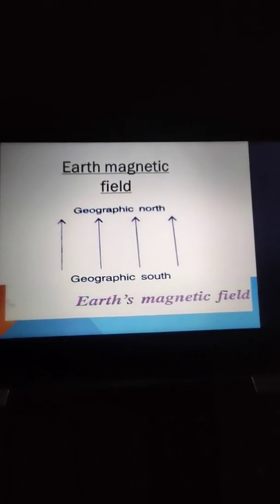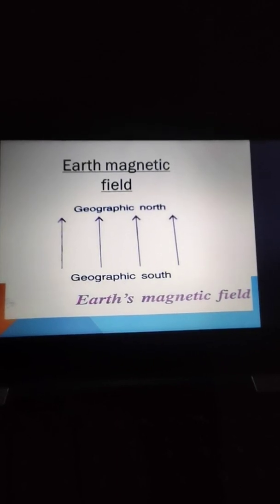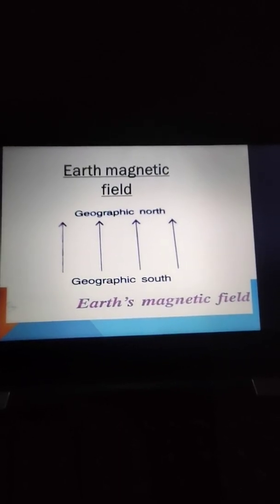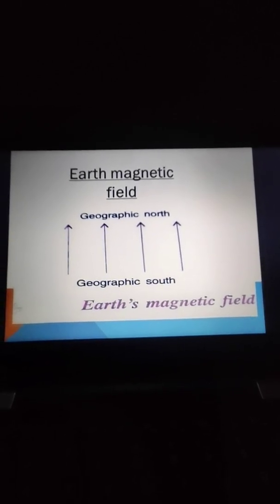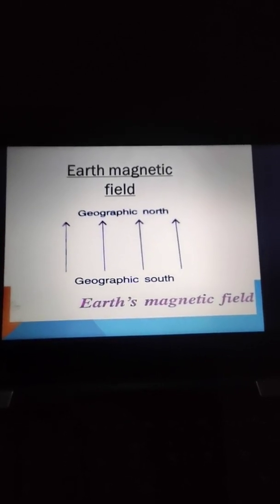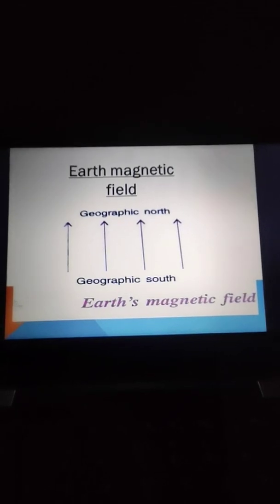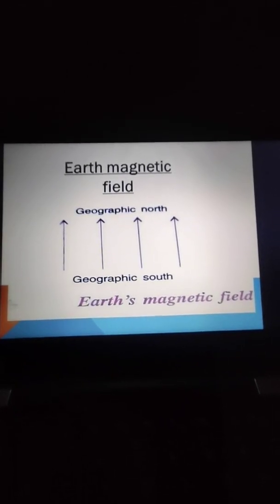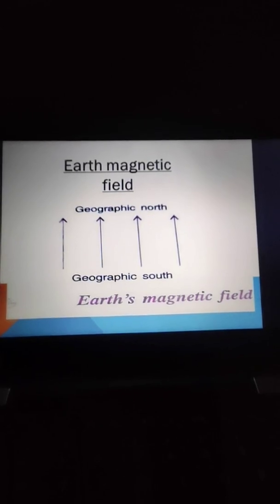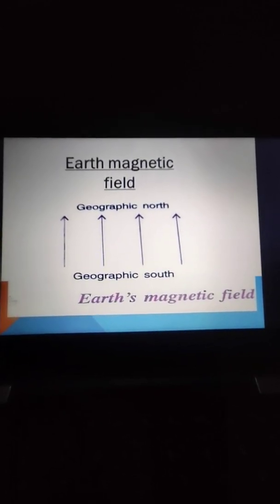But in case of Earth, we are saying that the direction of Earth's magnetic field is from geographic south to geographic north. So this is represented by these four lines with the arrow which point from geographic south to geographic north.